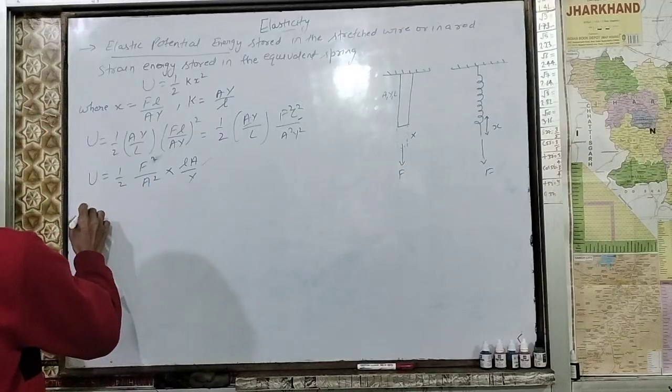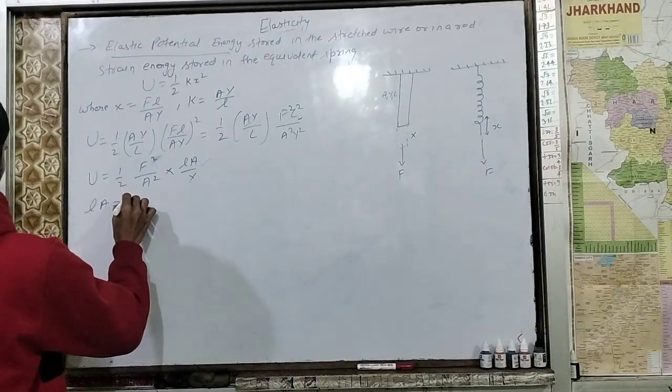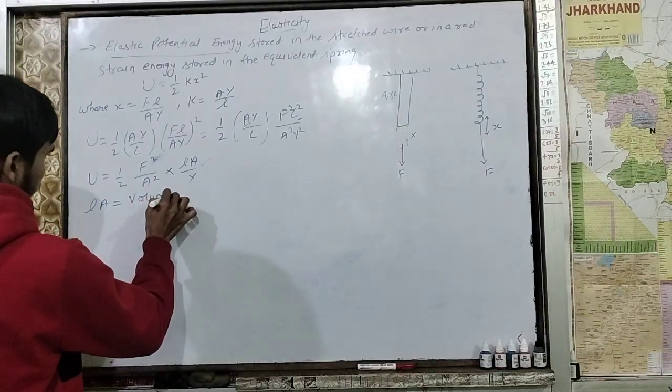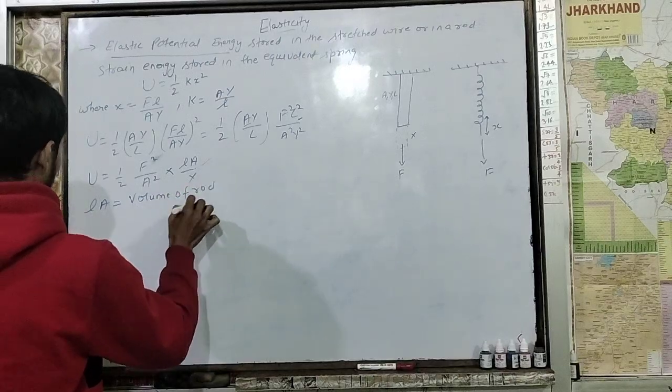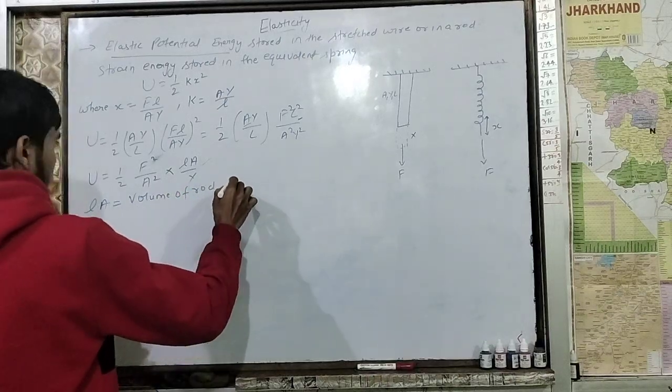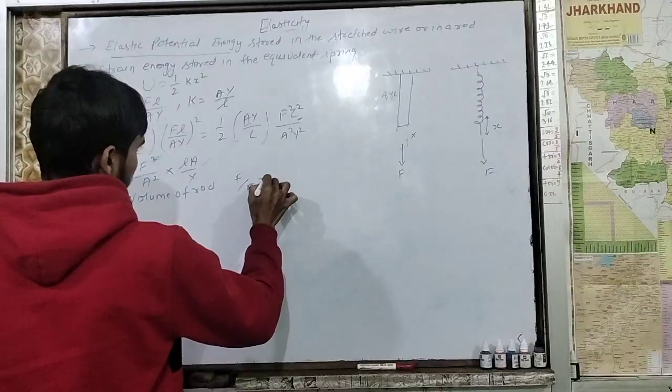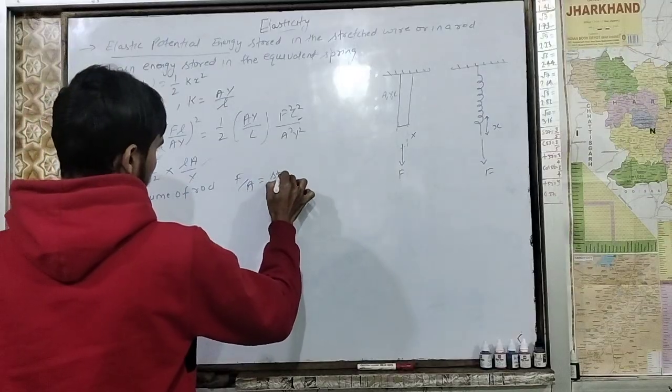And we know that A L is nothing but the volume of a rod, and F upon A is nothing but stress.